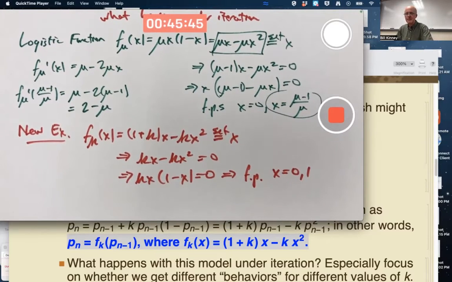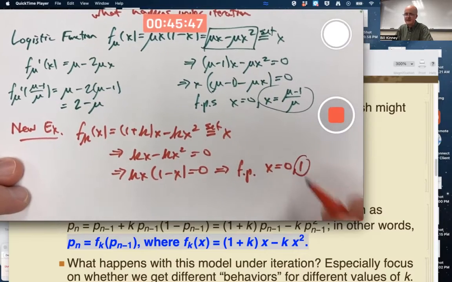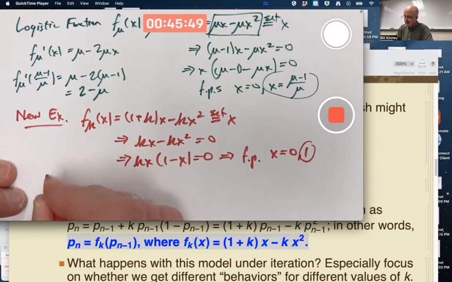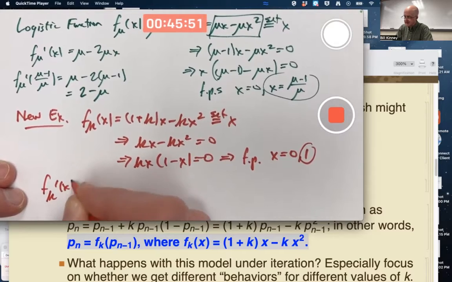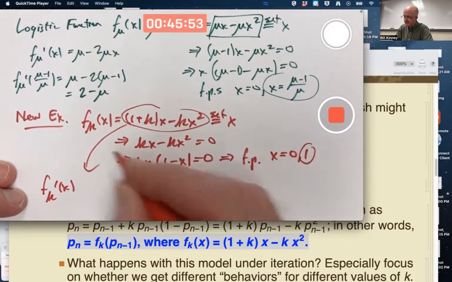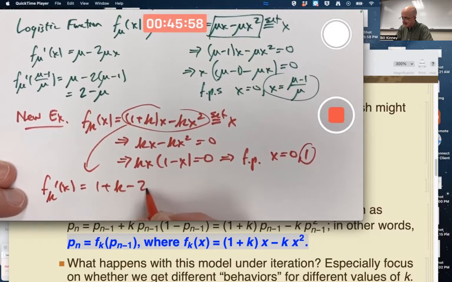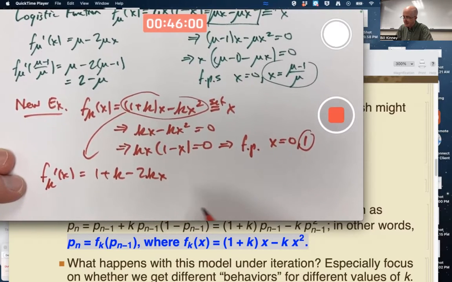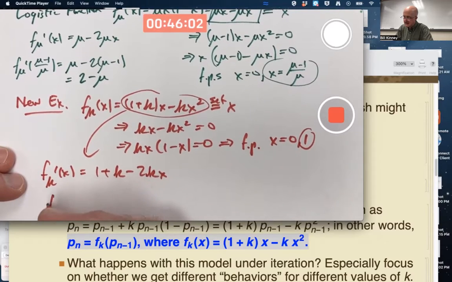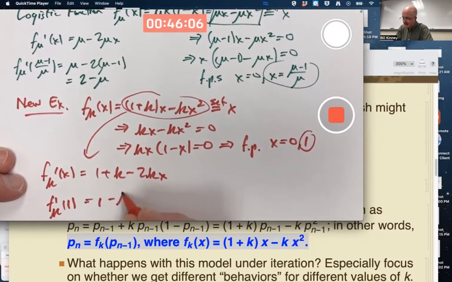Now, something similar happened with this example, focused on the fixed point at 1. What's f_k prime of X using this formula? It'll be 1 plus k minus 2kx. Plug in 1 into that, and it'll simplify to 1 minus k.